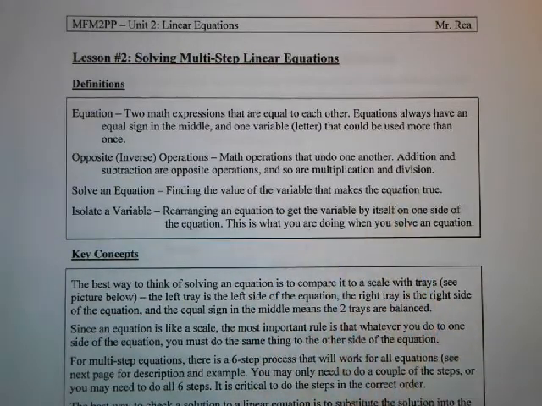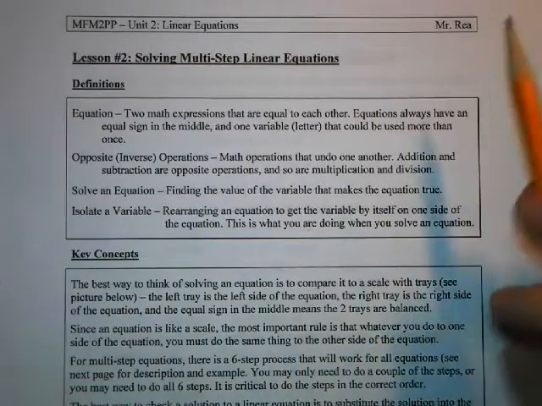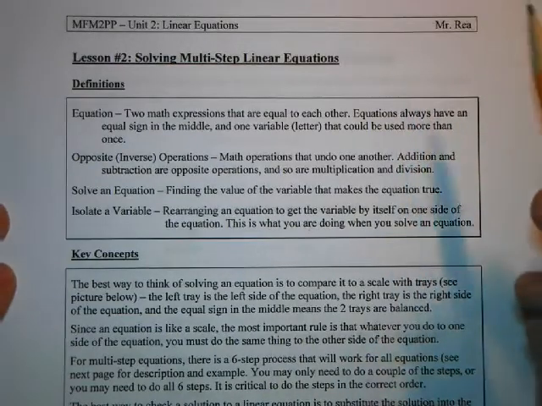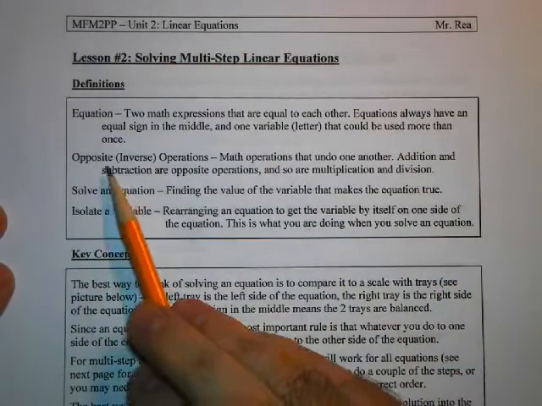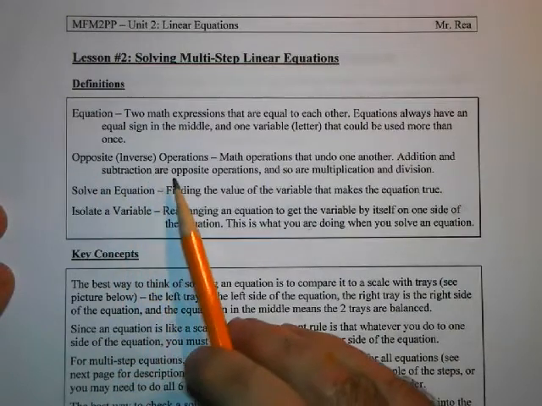The way we're going to do that is basically comparing an equation to a scale. We'll talk about that in a second. Once we're thinking about that scale analogy, we're going to be undoing operations that are in the equation so that we eventually get x by itself. So we're going to be using opposite or inverse operations.